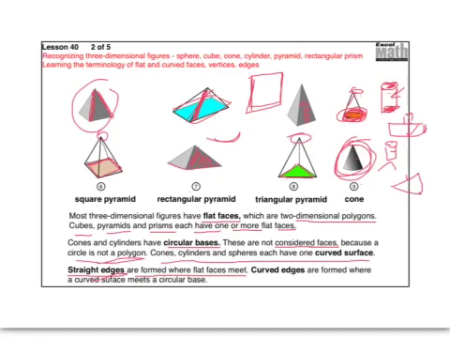So when they ask you for straight edges, you're looking for basically straight lines. Curved edges are formed where a curved surface meets a circular base. So curved edges are going to be just like these here, except they're going to curve like that. It's kind of like if you have a round table and the edge right here, that's called a curved edge where something can fall off. Alrighty?